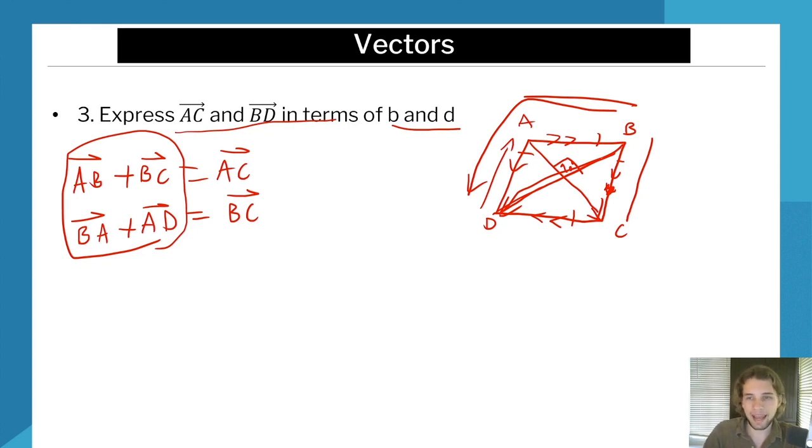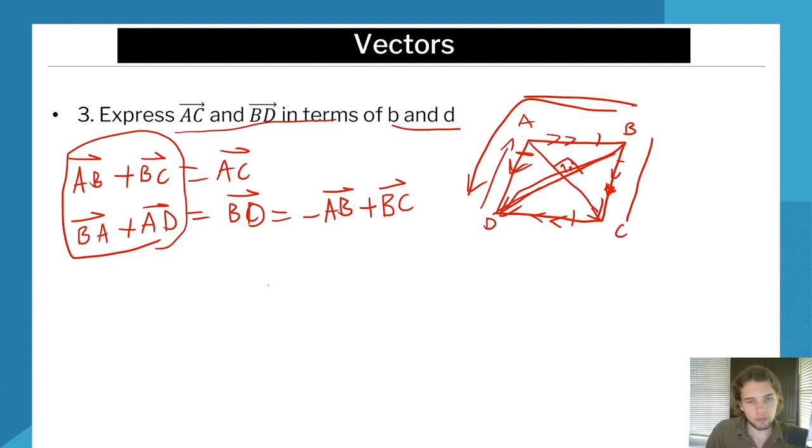Now, B to A is actually the same as negative A to B. So we can say this actually equals negative A to B plus A to D. A to D is the same as B to C, because it has the same magnitude and it's parallel, so it's the same direction. So we can put this in terms of B to C.